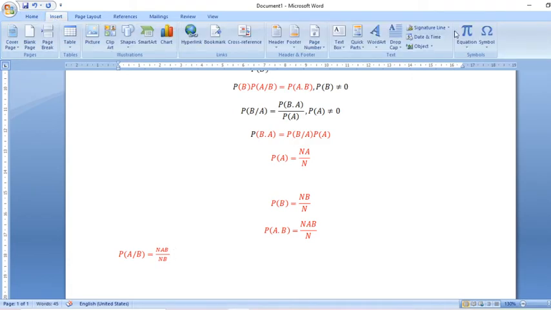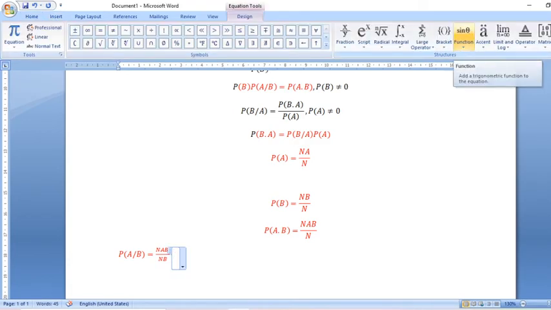Similarly, probability of B given A. So what will be that probability of B given A?